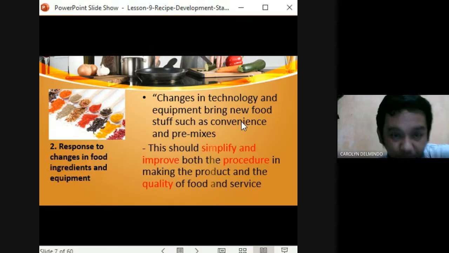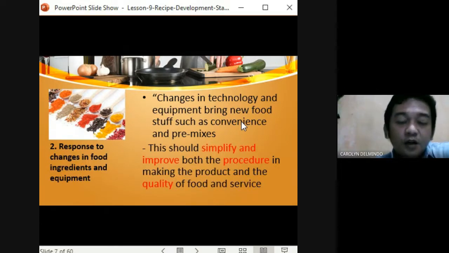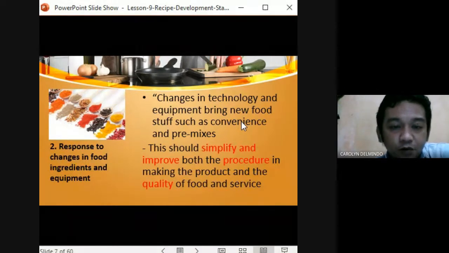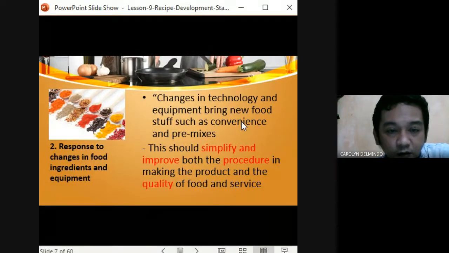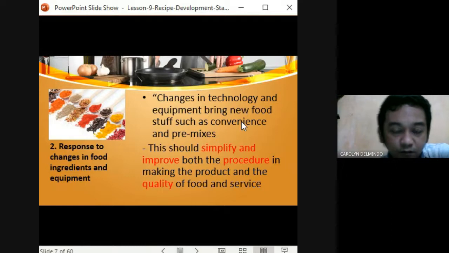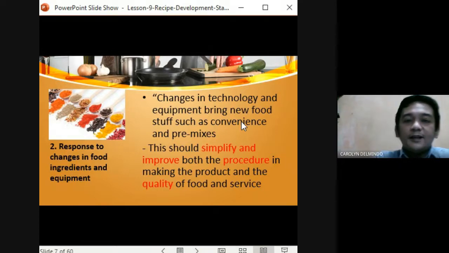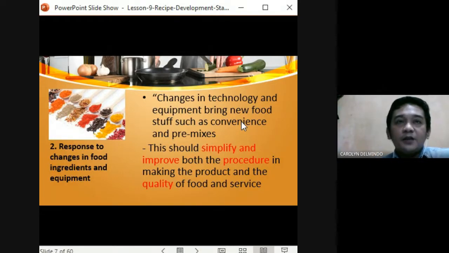Okay, they should simplify and improve both the procedures in making the product and the quality of food and service. So, before, some products had procedures that were difficult to do, but since we have technology, other products are now easy to make.